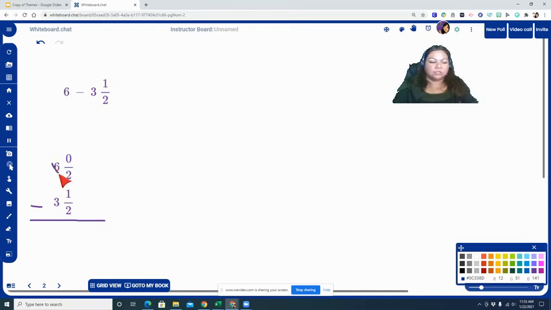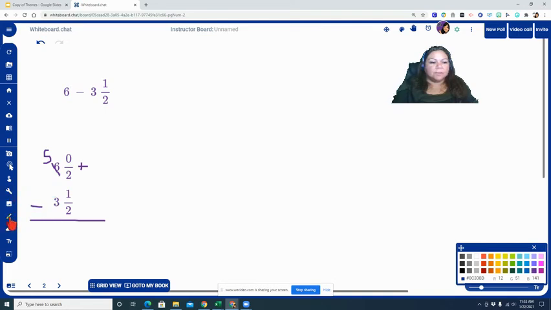So I'm going to cross out the 6, and now it becomes a 5 because I'm going to take away 1. And I'm going to combine it with the fraction. If you see here, I put 0 and halves just so that I can have a fraction, but this is equal to 0, since there was no fraction here.